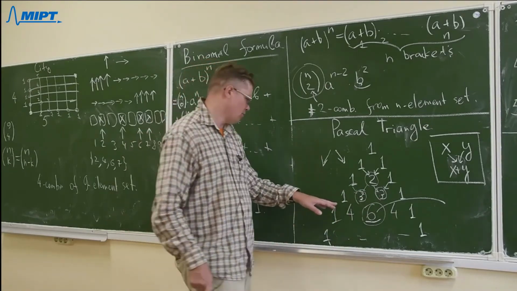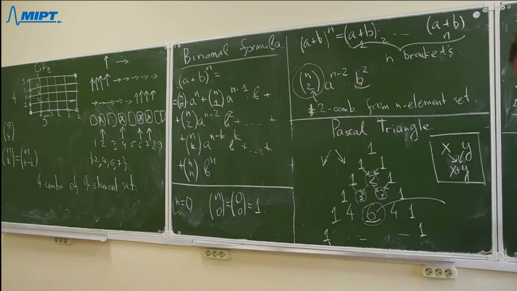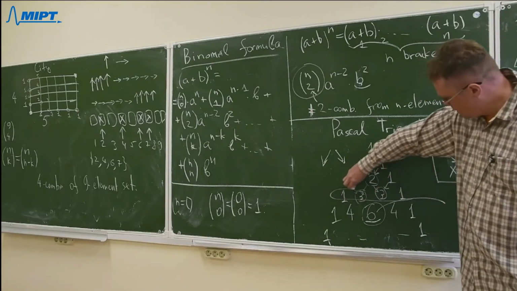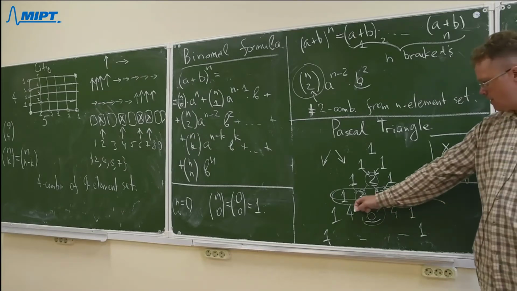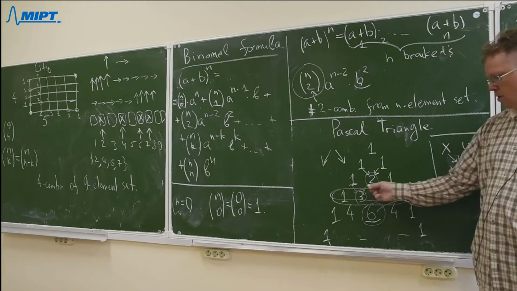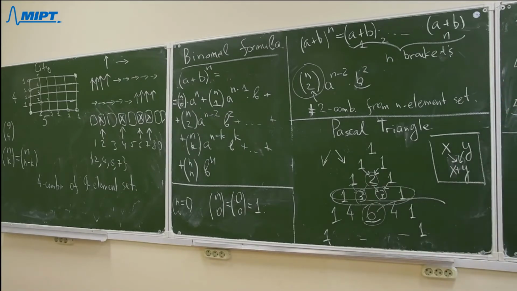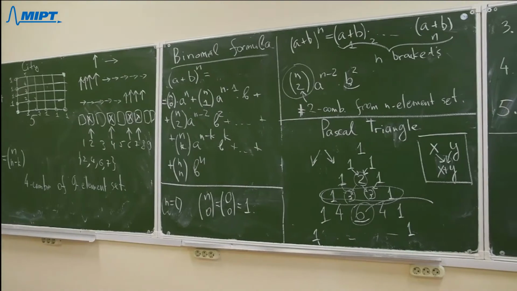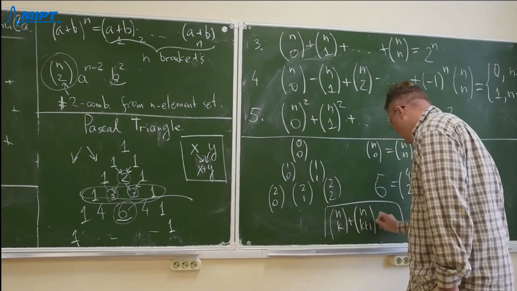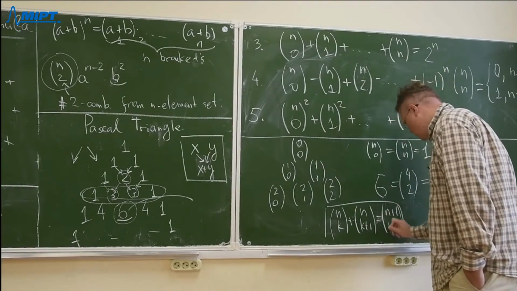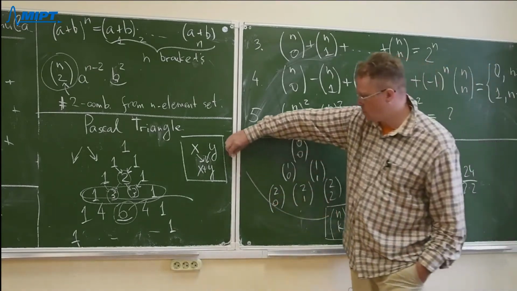If I already proved that this row consists of binomial coefficients, then I just take the sum of these binomial coefficients. And here I can use one of the identities that I wrote at the beginning of this lecture: n choose k plus n choose k plus 1 is n plus 1 choose k plus 1. This is the same as this rule.